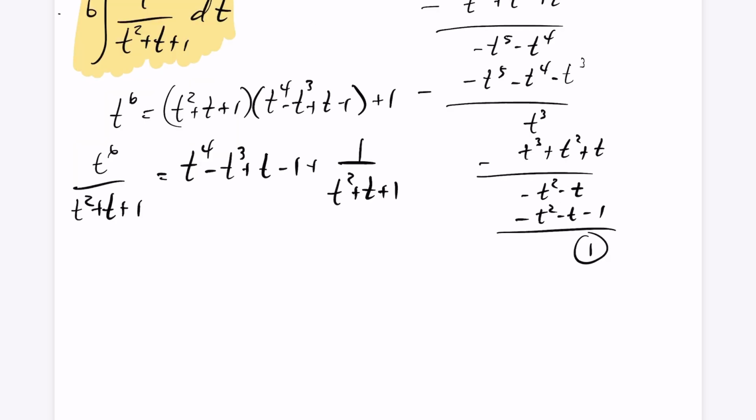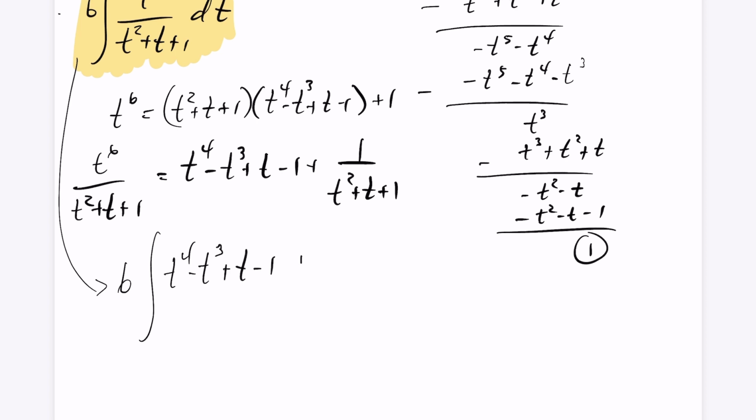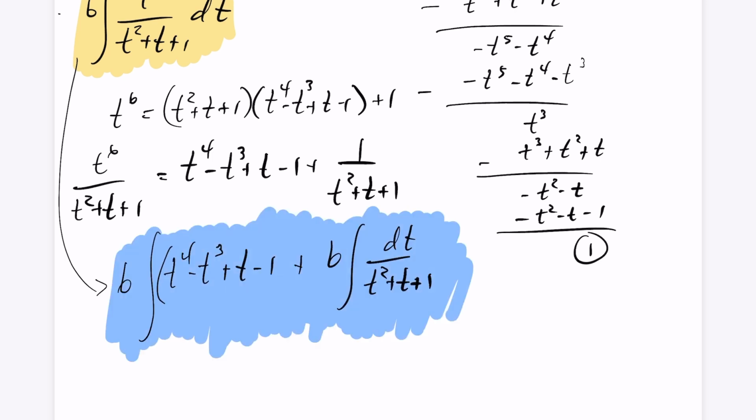So we can write our integral here as 6 times the integral of t to the 4th minus t cubed plus t minus 1, plus 6 times the integral of dt over t squared plus t plus 1. And again, this chunk here should be with respect to t.